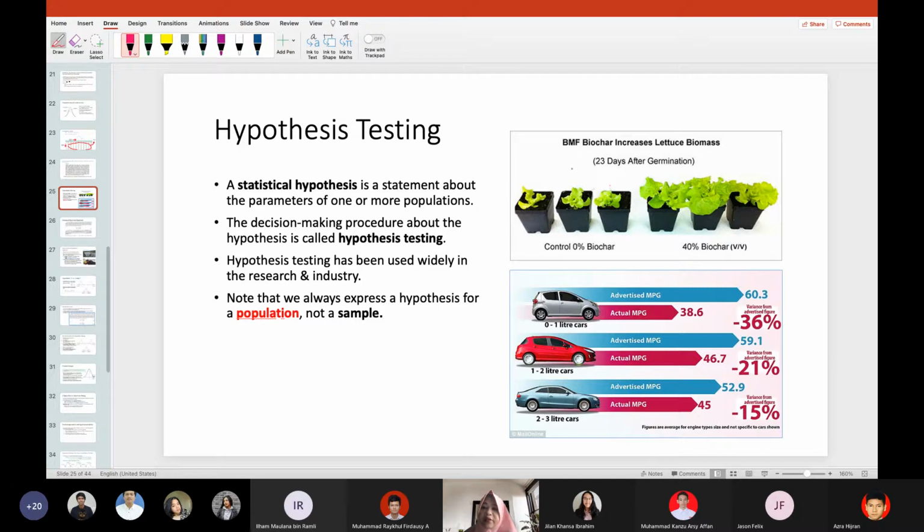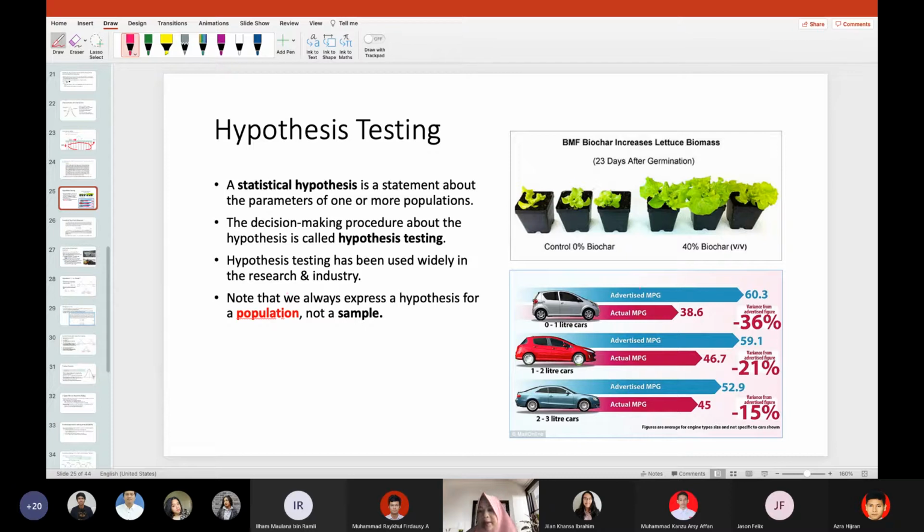The first one is a control of a plant that uses media with biochar 0.00%, and this one is 40% biochar volume per volume. How do we say which one is better? We have to check it with some evidence in both populations.